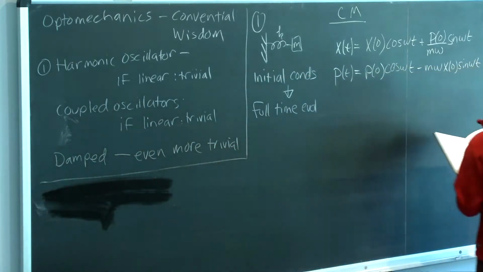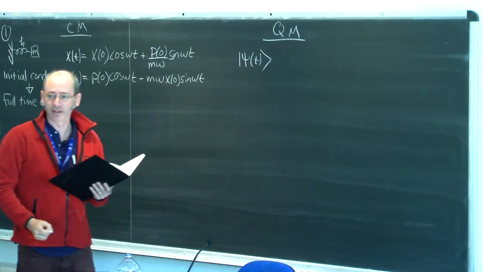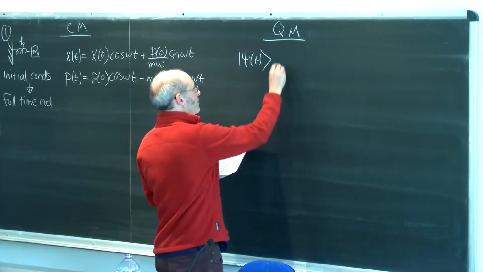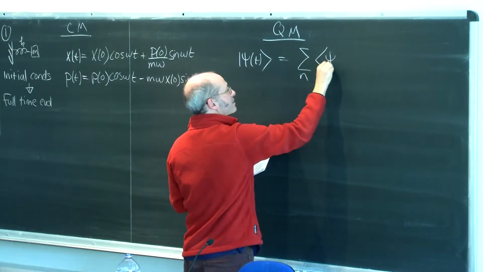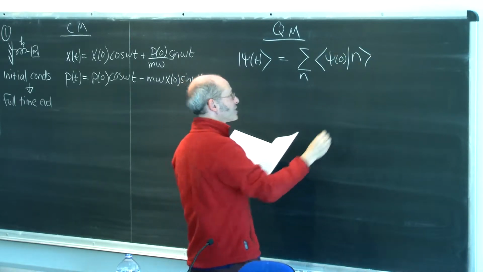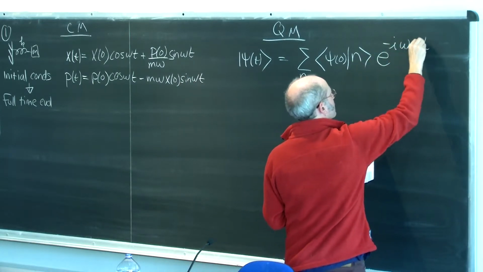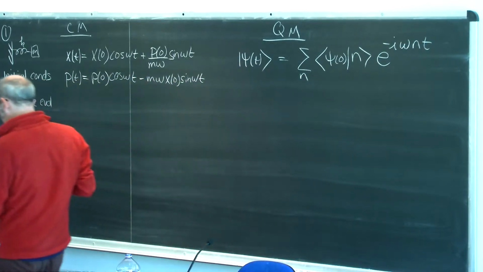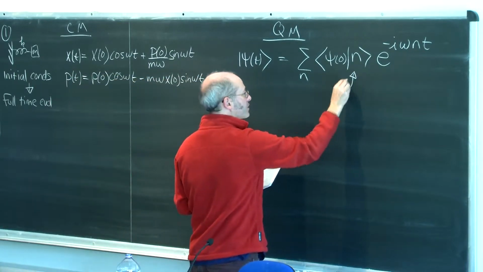In the quantum mechanical description of the lone oscillator, the same idea holds, that I can write down the time evolution of the quantum oscillator very simply if I'm just given its initial state. So if you give me that initial state, psi of 0, simply expand it in the basis of energy eigenvalues, and each of those oscillates, and those energy eigenvalues are also things that we know pretty well.